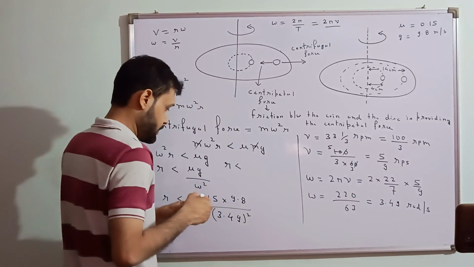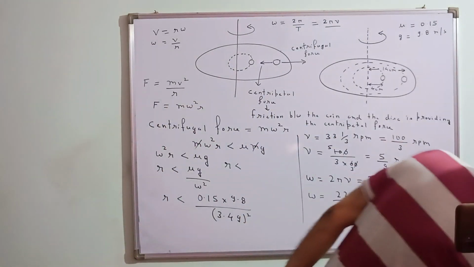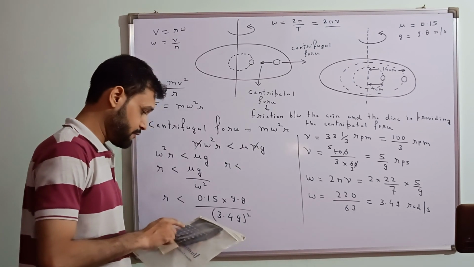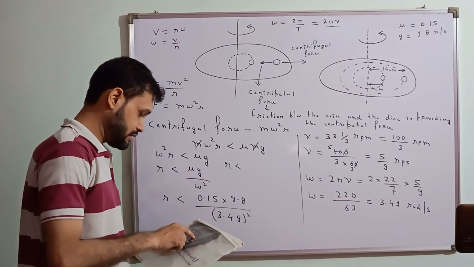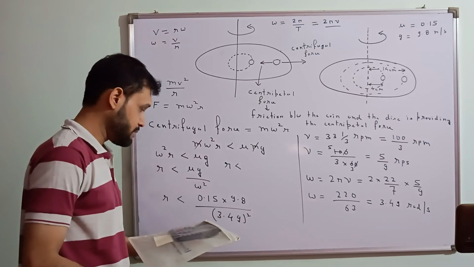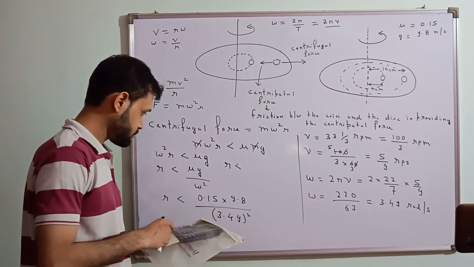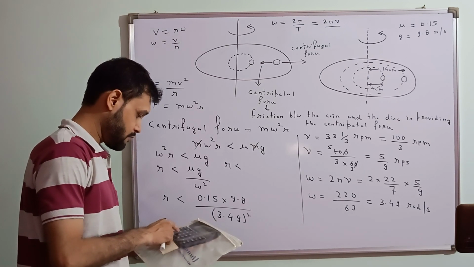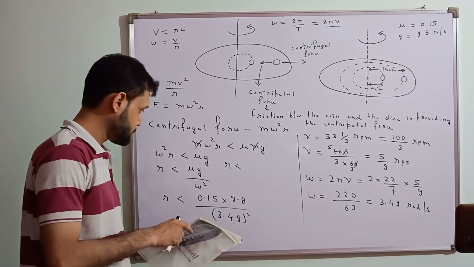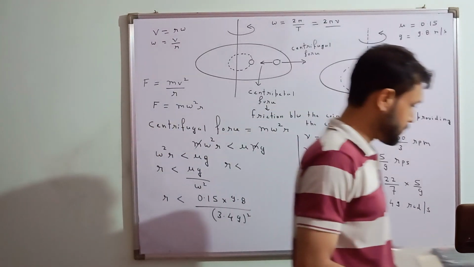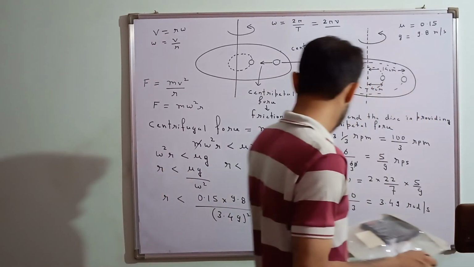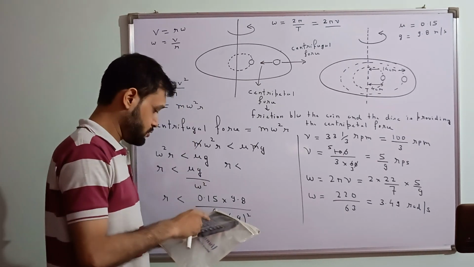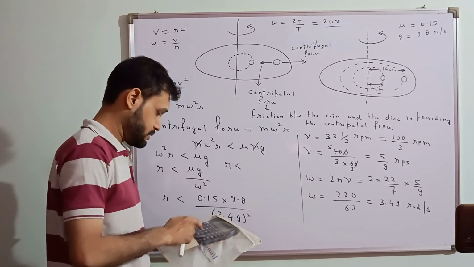Now find the value of R from here. If I solve this, 0.15 into 9.8, how much am I getting?